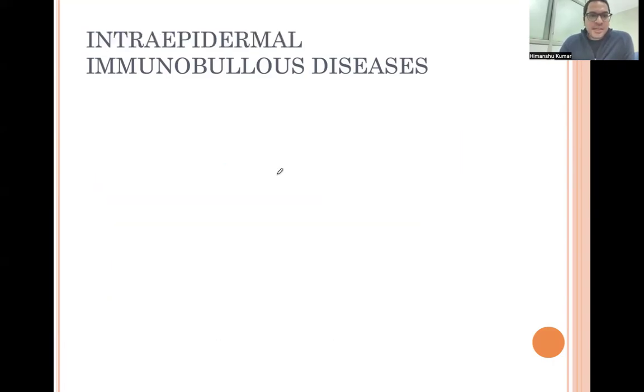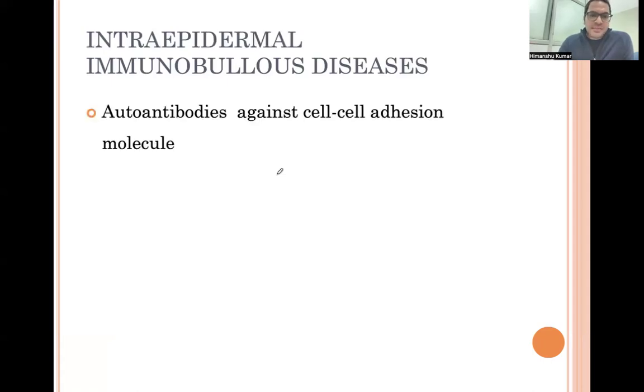Coming to the intraepidermal immunobullous disorders, which we'll mainly talk about today, it's basically because of autoantibodies against cell-to-cell adhesion molecules. When we talk about the epidermis, as we have discussed in our previous lectures, the epidermis is composed of 5 layers, and the main framework, the main foundation of the skin is keratinocytes. These keratinocytes stick to each other via adhesion molecules.